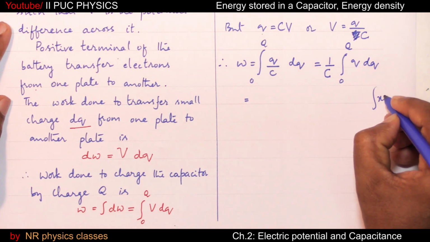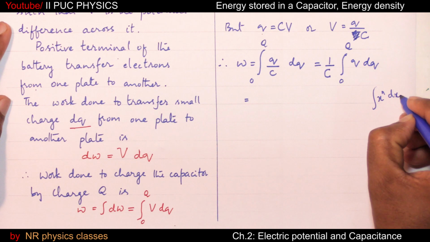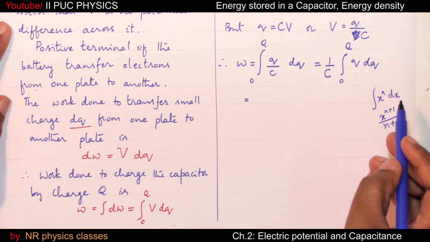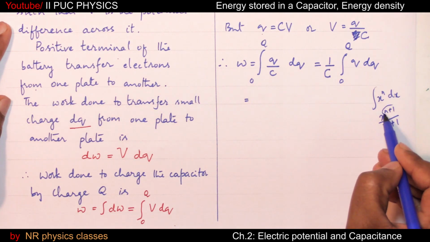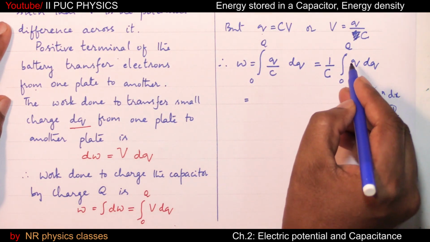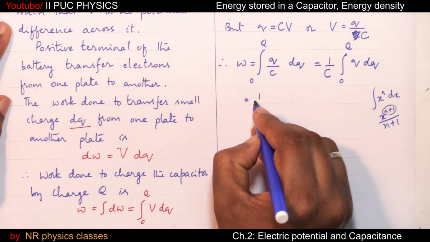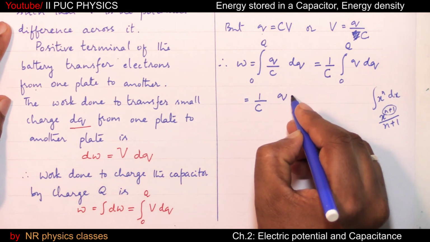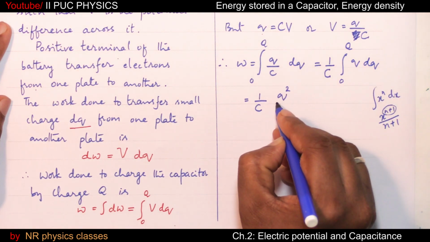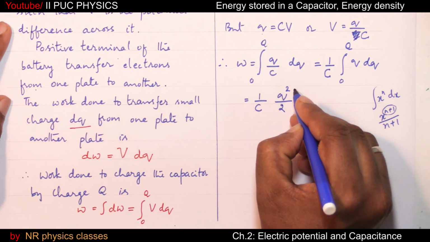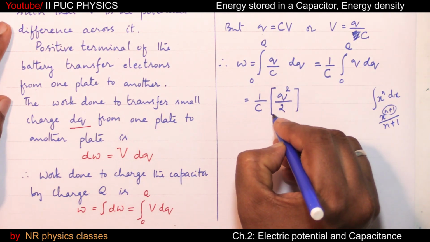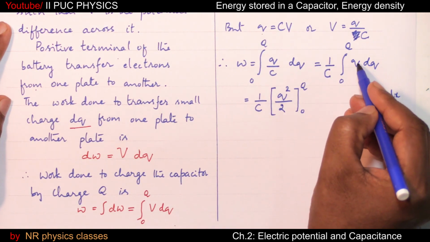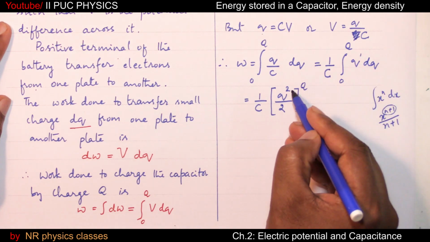Integration of x to the power of n into dx is x to the power of n plus 1 by n plus 1. Increase the exponent by 1, and write the same exponent in the denominator. Therefore, in this case, integration of q is q square by 2. After integration, write limits like this, 0 to Q. It is q to the power of 1. 1 plus 1 is 2.